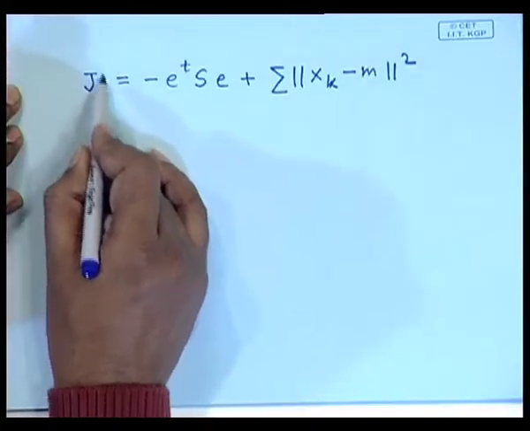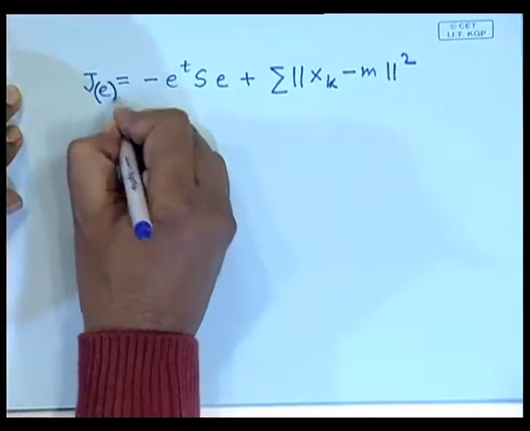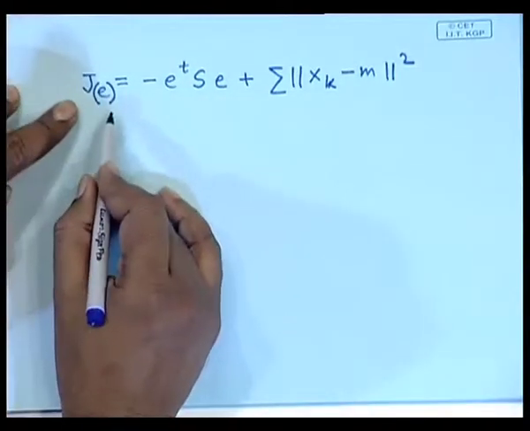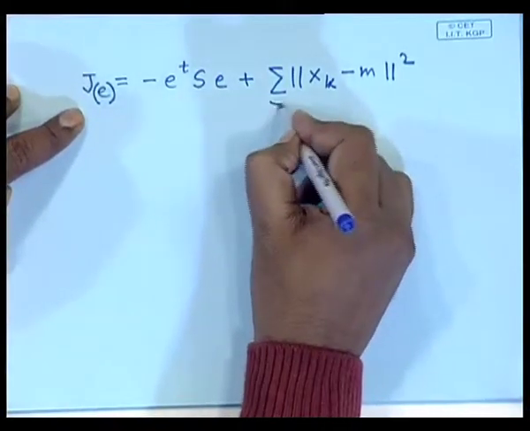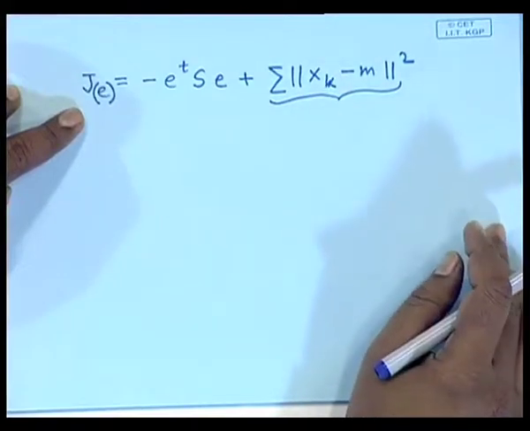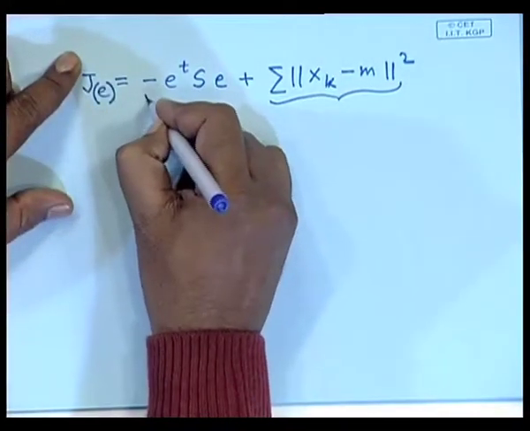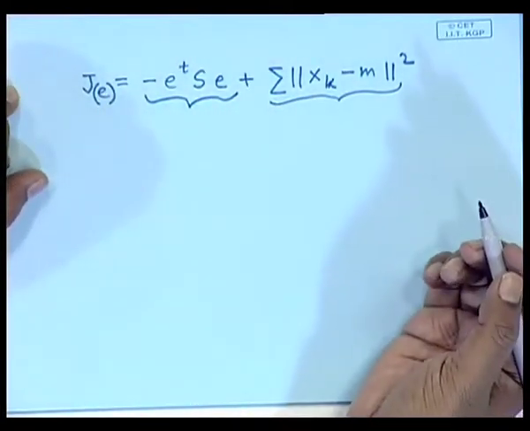Now, I want to minimize this J E by varying E. This should be within bracket as a function of E. And you find that this term is independent of E. So, if I want to minimize J E, what I have to do is I have to maximize this. It is effectively same.